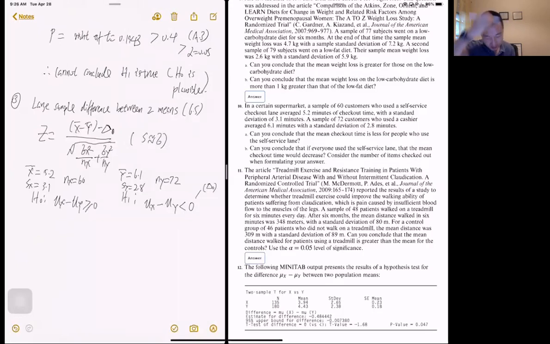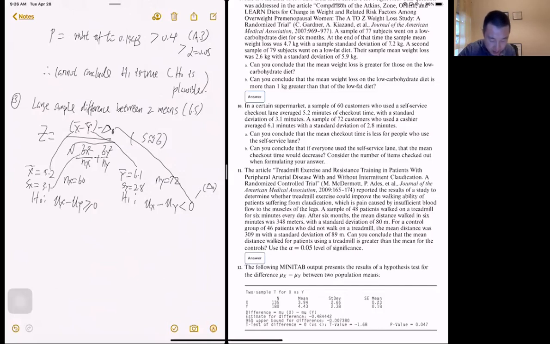Then we just plug in the numbers. The mean value of X is 5.2, the mean value of Y is 6.1, and theta 0 is here. For sigma X, we use the sample standard deviation 3.1.